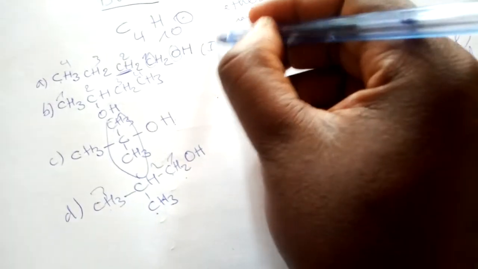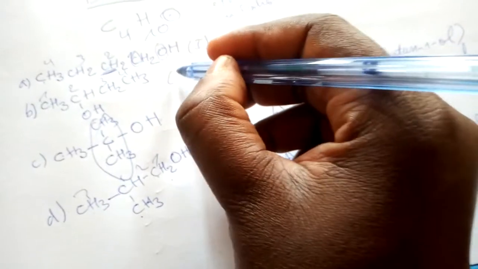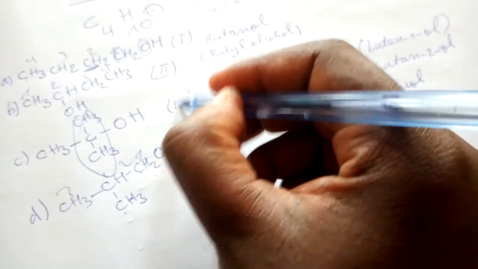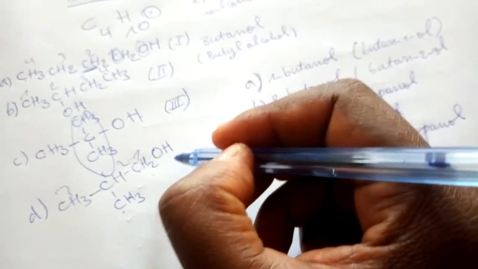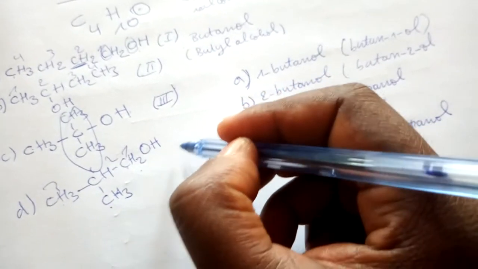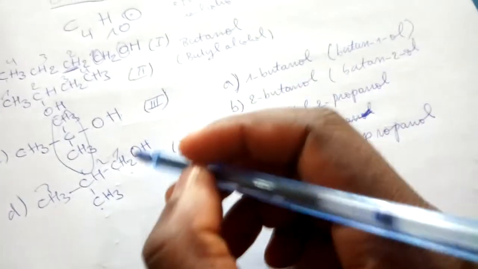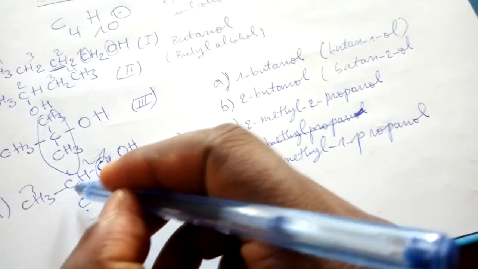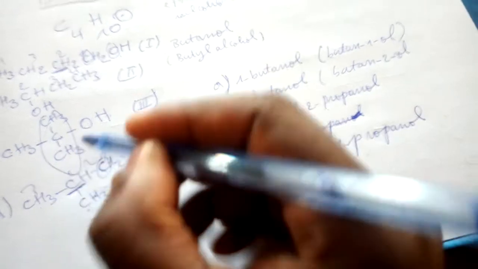It means that here on A, this alcohol is primary, this is secondary, the following is tertiary, and then this also is primary but substituted, because here the functional carbon is connected to one atom of carbon.